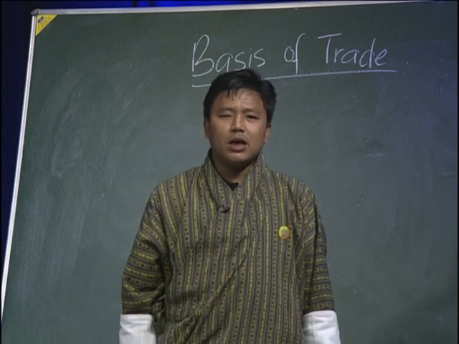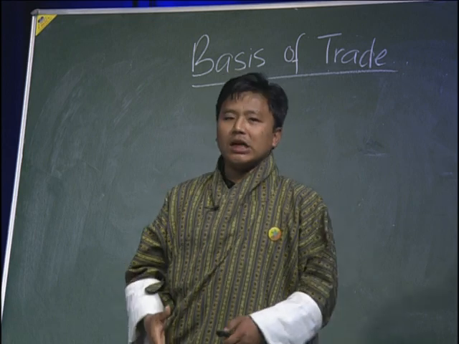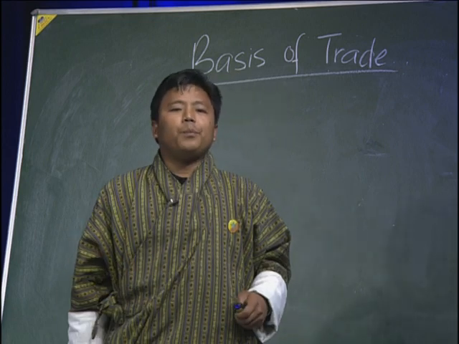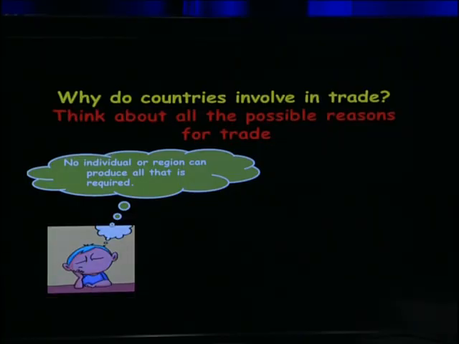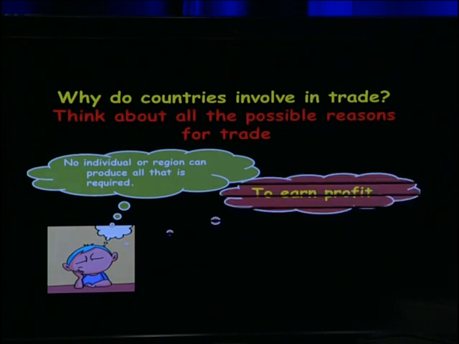The first reason the countries trade is because there's no individual country or region that can produce all the goods that are required. The second reason is to earn profit.